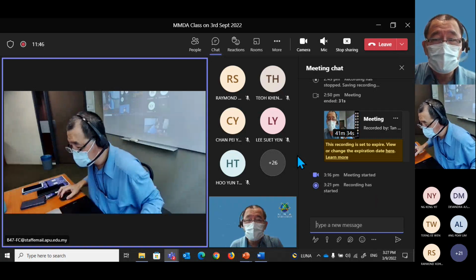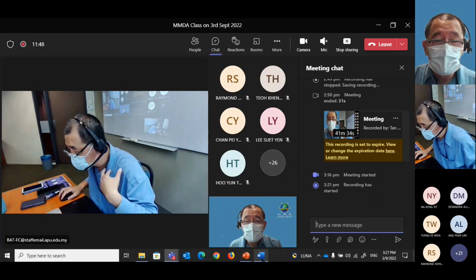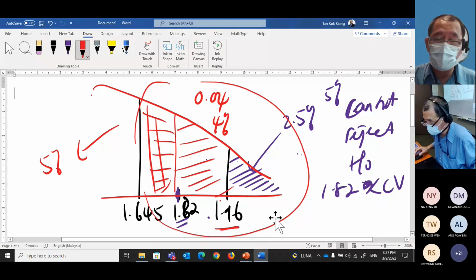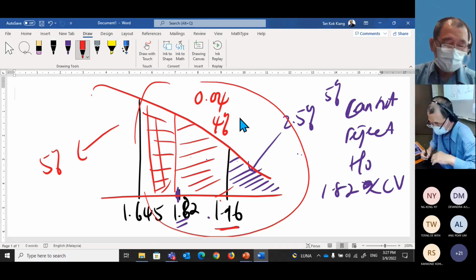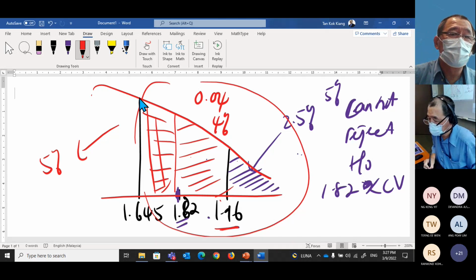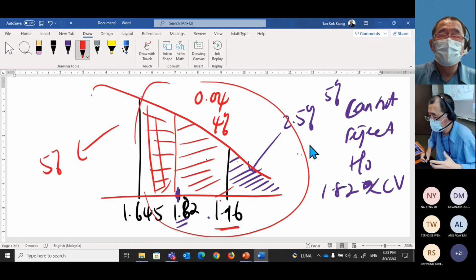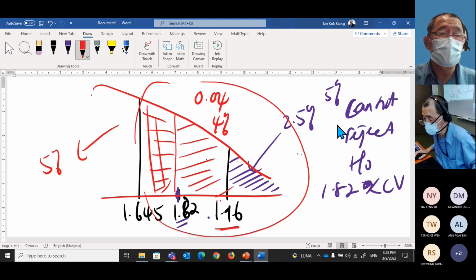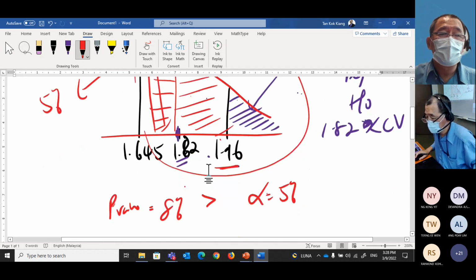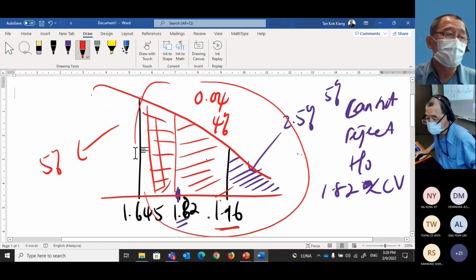So continue. We can also discuss one more minute when the alpha is 10%. Just now with alpha 5%, we cannot reject the null hypothesis. But now we use alpha 10%.